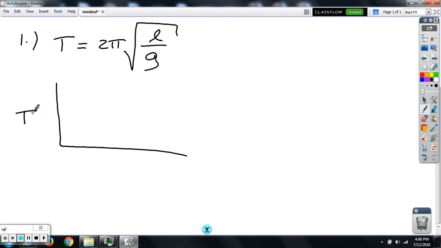Now, if I were to graph L, okay, so if I had collected data, let's say L was in meters, and the result was the period would be in seconds. So I knew certain lengths that I measured, and I would time it, and so I would see how much time it would take.